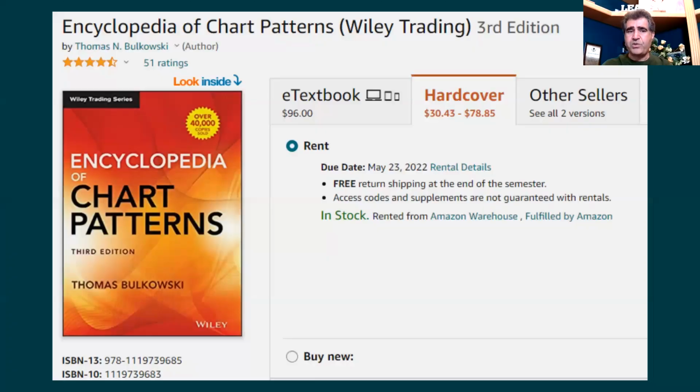The first one is called Encyclopedia of Chart Patterns, as I mentioned, by Thomas Bulkowski. The third edition came out in 2021, actually earlier this year in the spring. So he has come out with more studies.